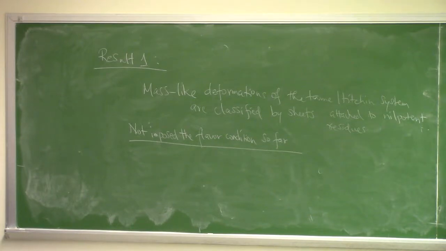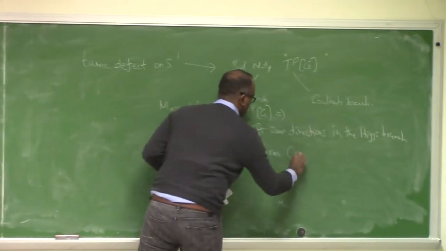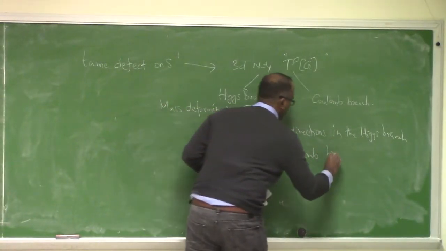So when I mass deform the 3D theory, mass deforming this theory implies, on the one hand, I lift some directions in the Higgs branch, and I also deform the Coulomb branch.